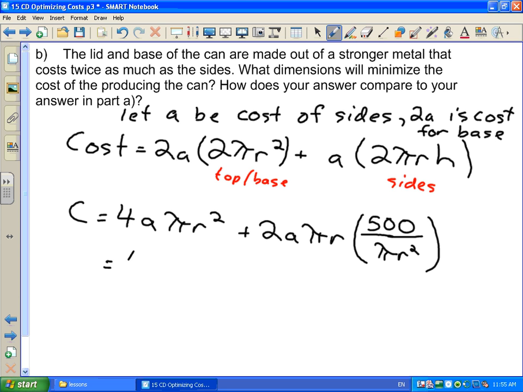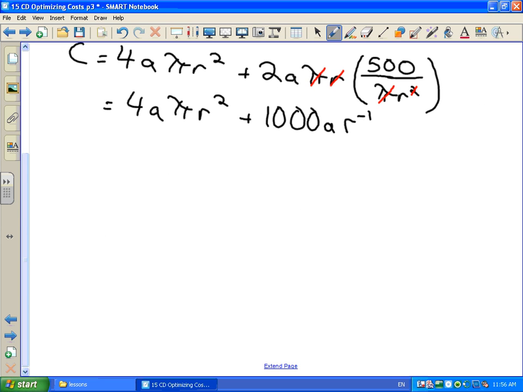And rearrange this same as before. So we'll get 4a pi r squared plus 1000a times r to the negative 1. Again, I've canceled out pi, and I've canceled out one of these r's.